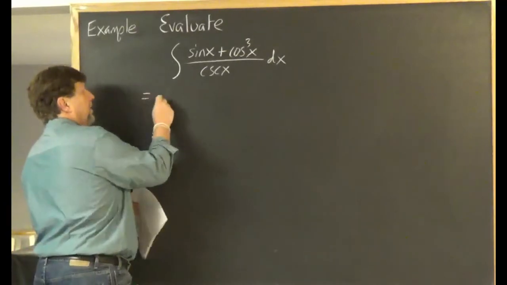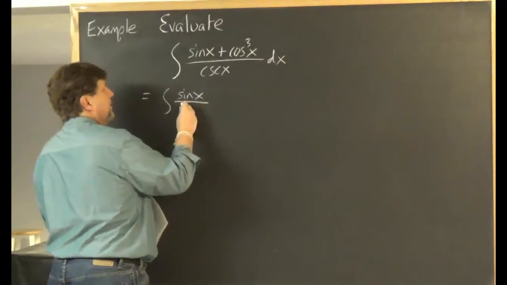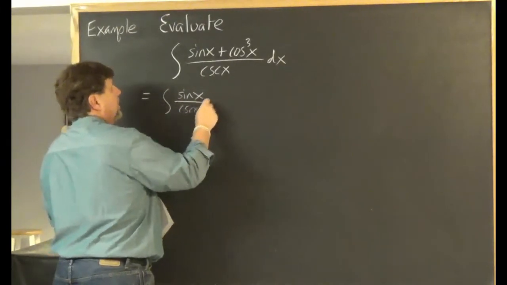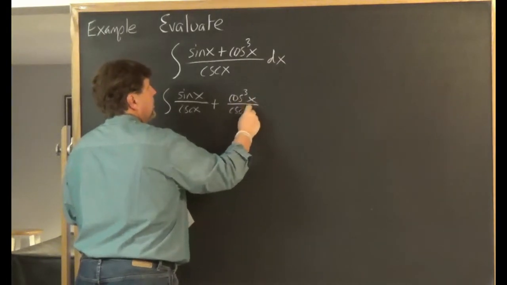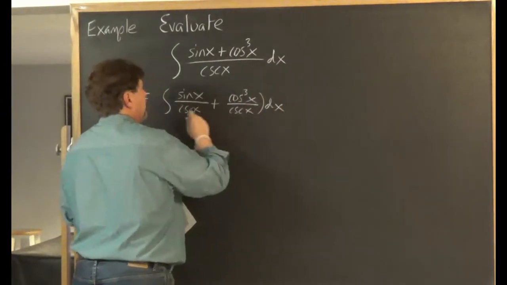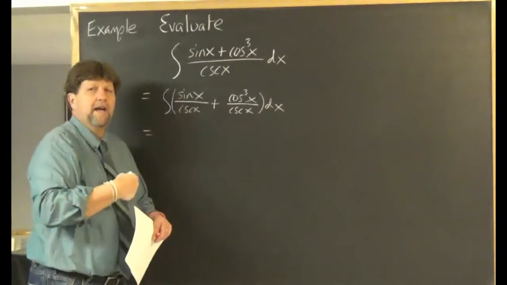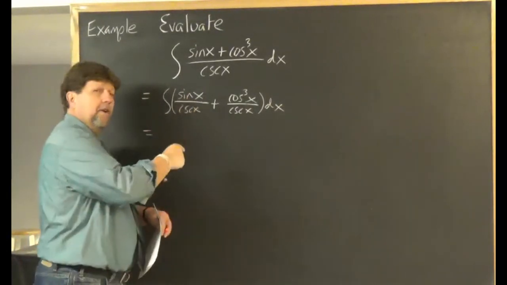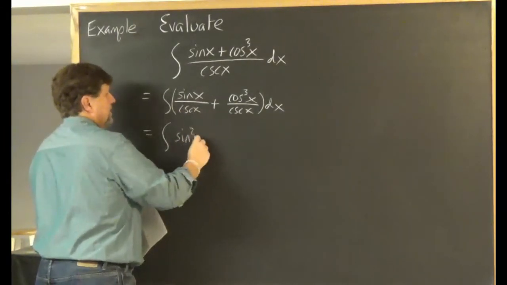So I'm thinking, what if I rewrite this as such? Well, if I do that, I know cosecant is 1 over sine. So sine x over 1 over sine x, that's sine squared x.